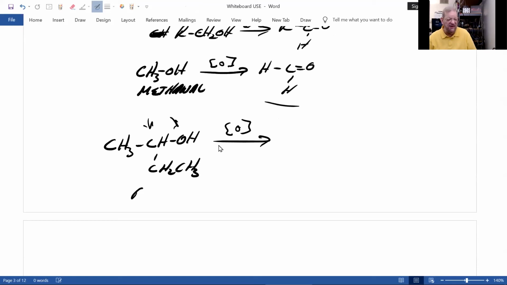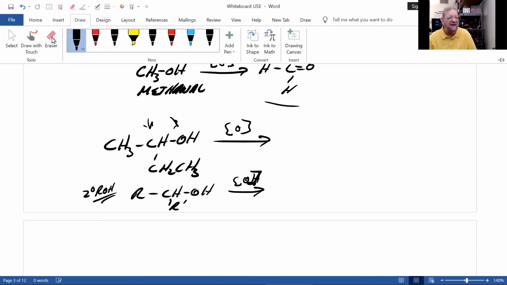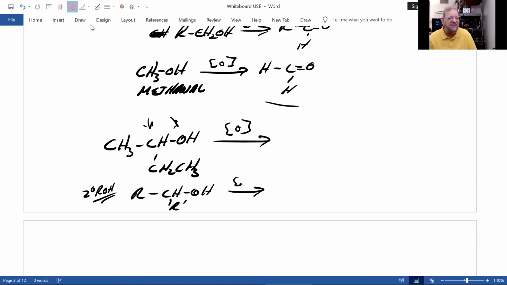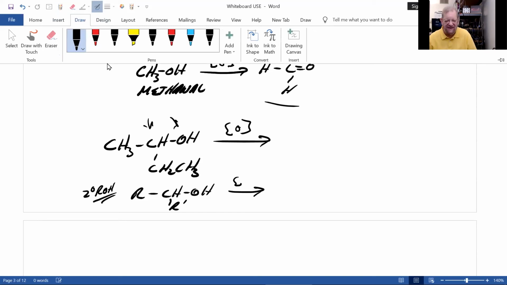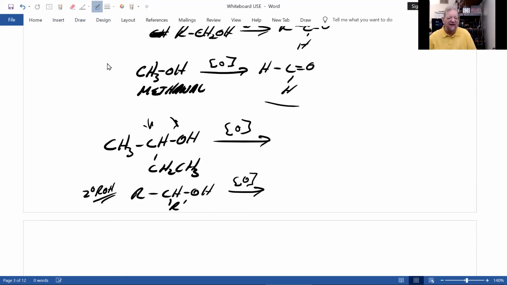It's a secondary alcohol. Oxidize it. I keep saying hydroxyl group, I've got hydroxyl group on the mind. And you lose this hydrogen, this one, and you form a carbon-oxygen double bond, carbonyl, and it's a ketone.